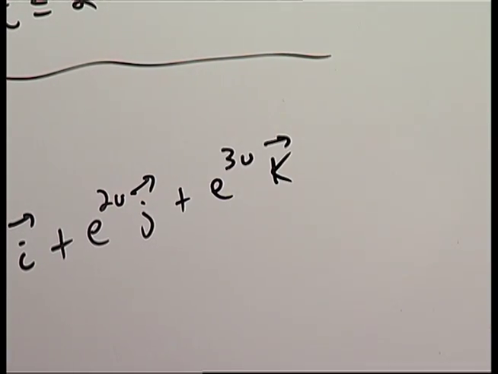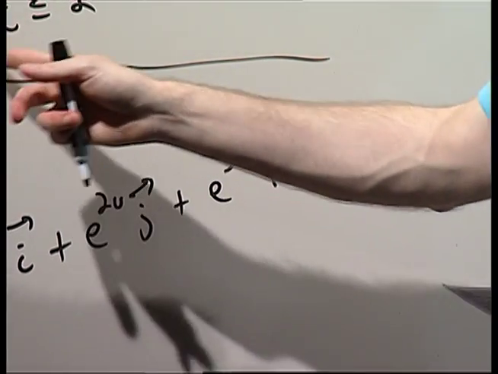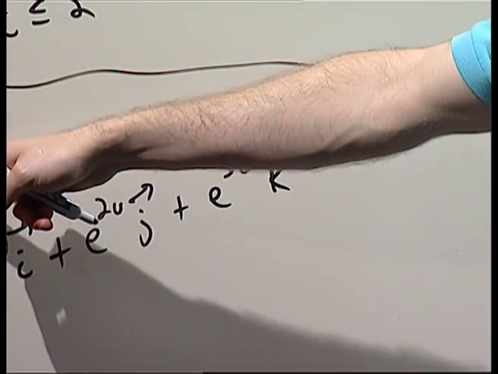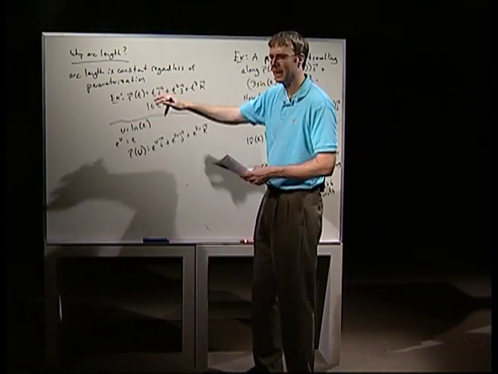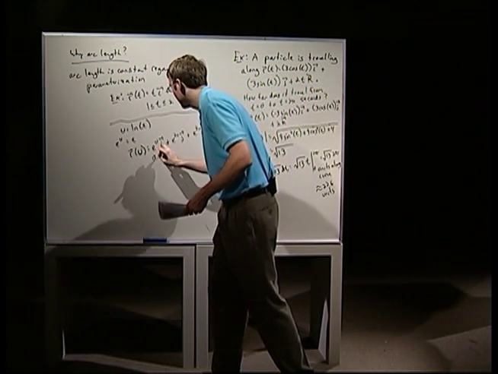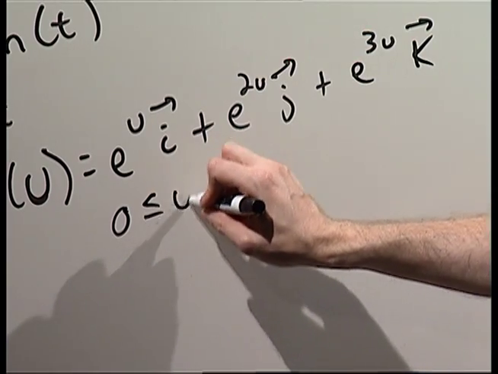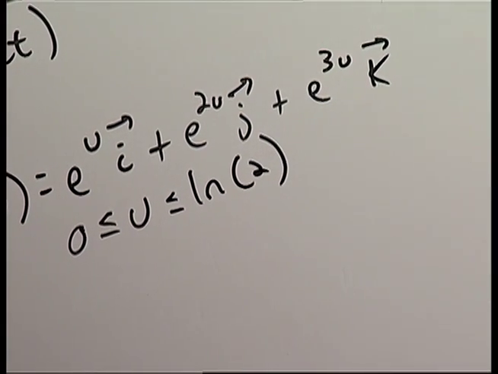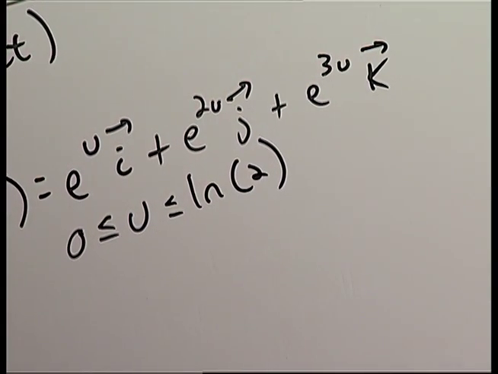And the time interval changes too. It used to be 1 to 2. Now it begins at ln of 1, which is 0, and goes to ln of 2. So now our new time interval is from 0 to natural log 2.